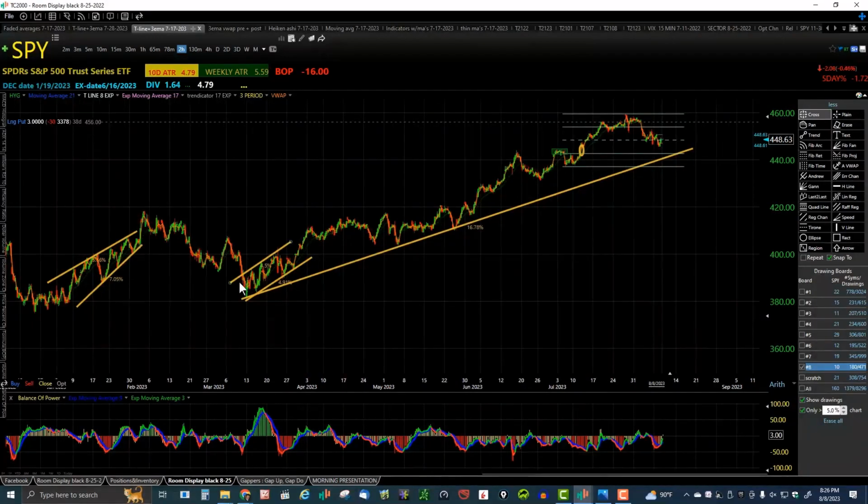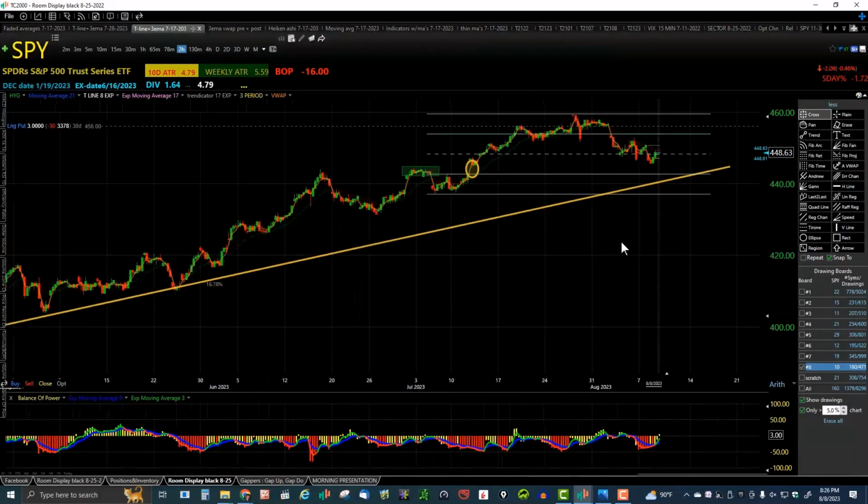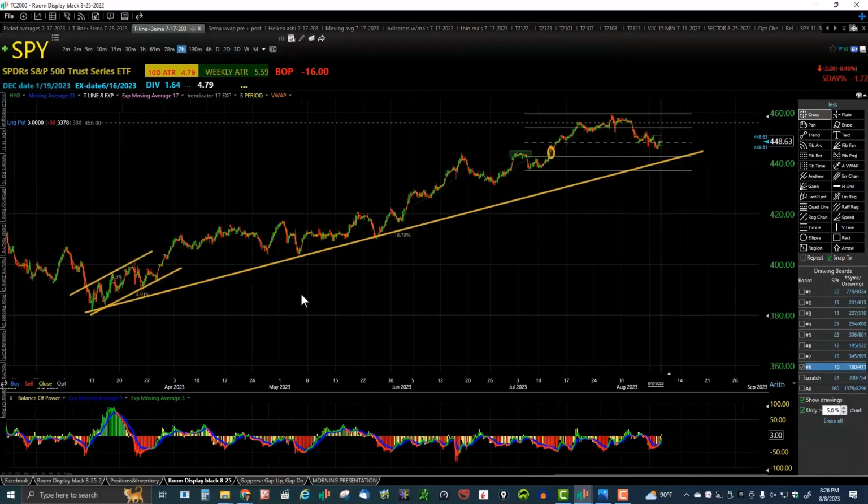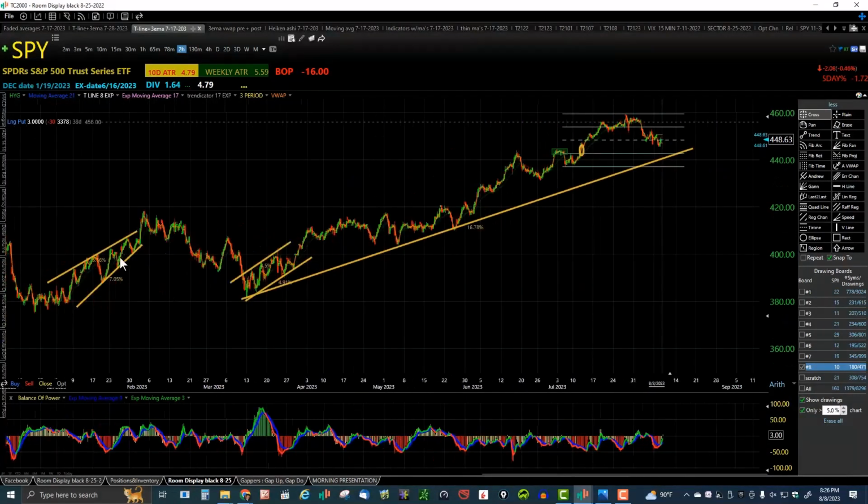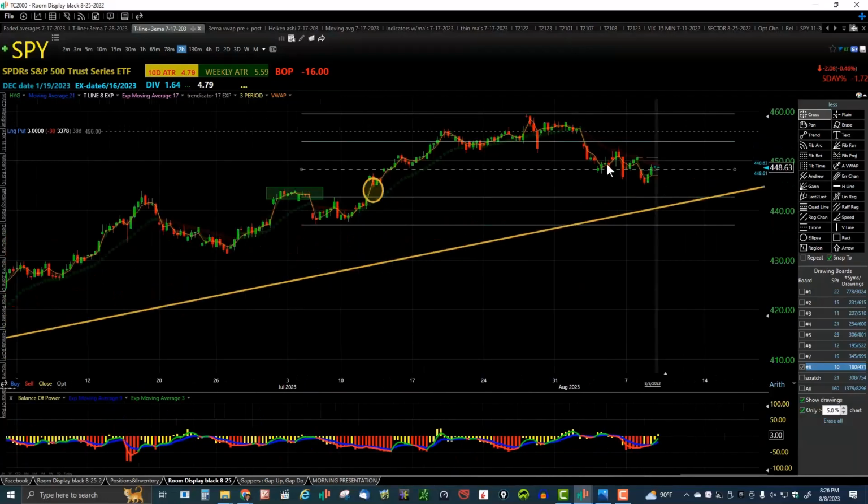Now this one pulled back, and it did the same thing again, and it broke out to the upside. So I just want to show that to you, that this is what I'm looking at, and I'm looking at the same thing right here, and I'm expecting this to kind of pop down through here, even spike the top of this plateau right there.